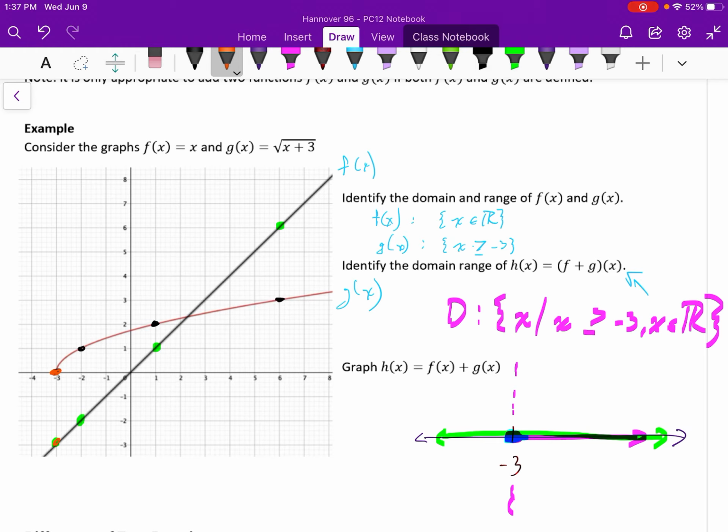The g of -3 is 0. So -3 plus 0 is -3. When x is -2, f of -2 is -2. The g of -2 is 1. So -2 plus 1 is -1.